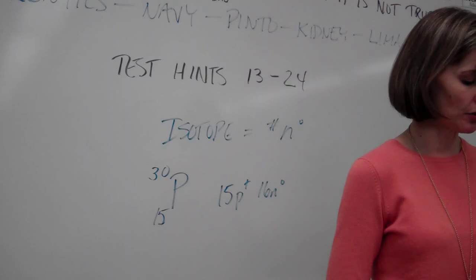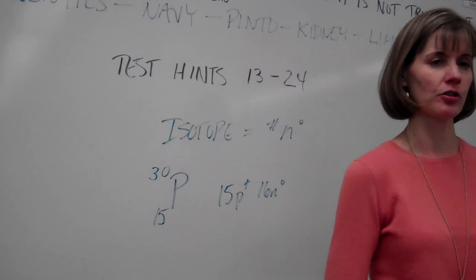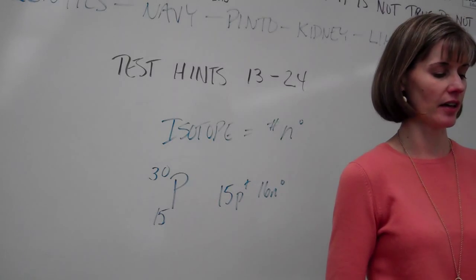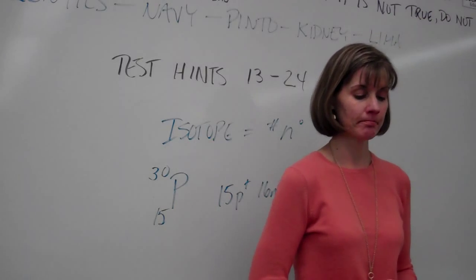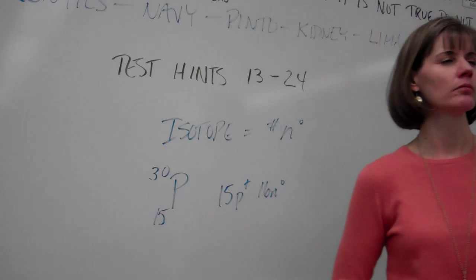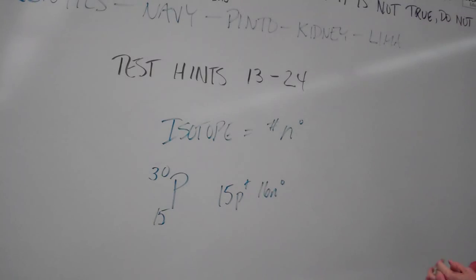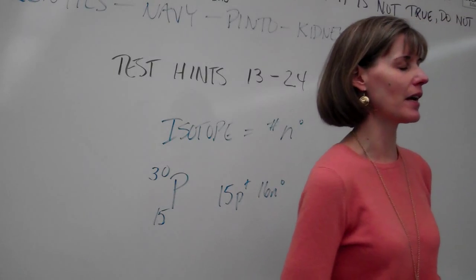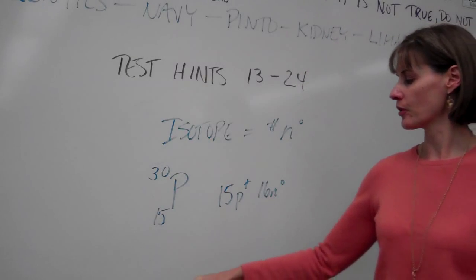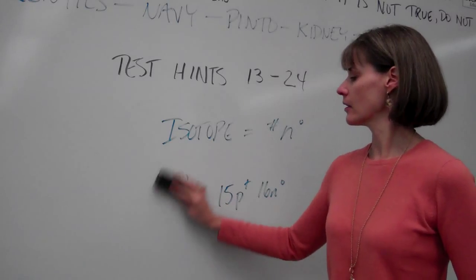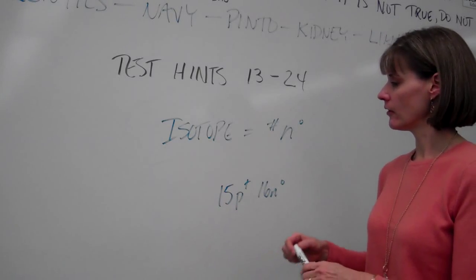Alrighty, 15, determine the number of protons, neutrons, electrons in a given isotope. That sounds exactly like number 14. So we have an element with atomic number 26 and mass number 56.